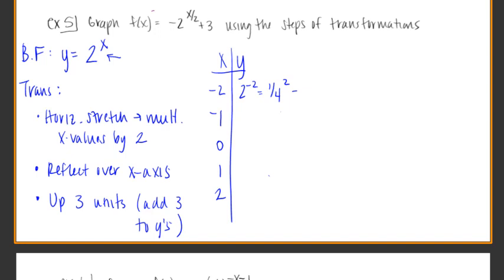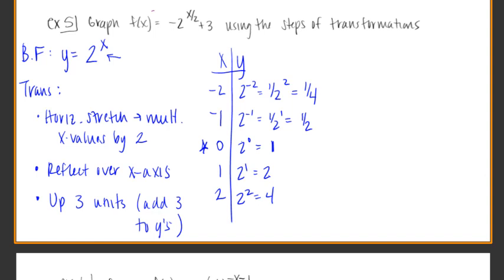The reciprocal of the base of 2 is 1/2, and then 1/2 squared is 1/4. 2 to the negative 1, so 1/2 to the 1 is 1/2. And then 2 to the 0 power, anything to the 0 power is 1. That's that very important point that all exponential functions go through. 2 to the first is 2, and 2 squared is 4.